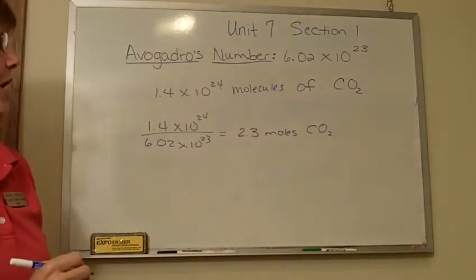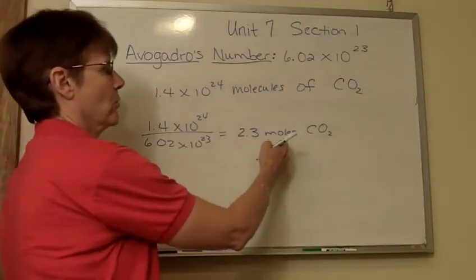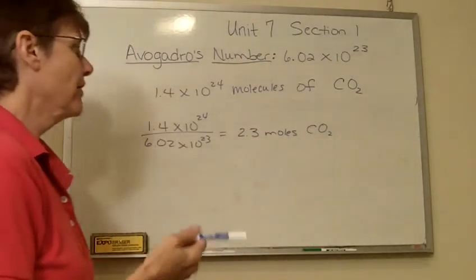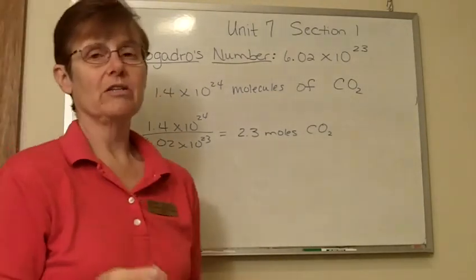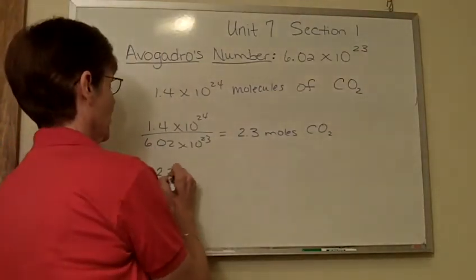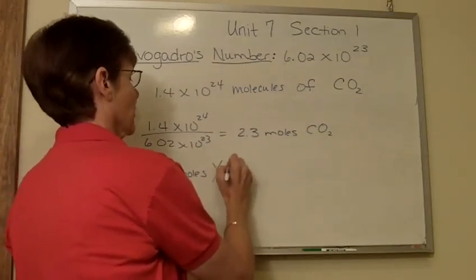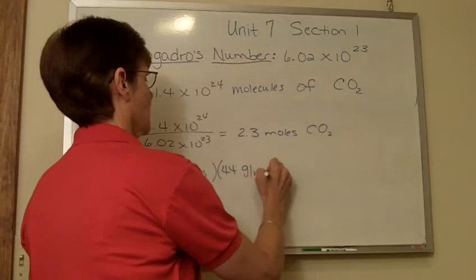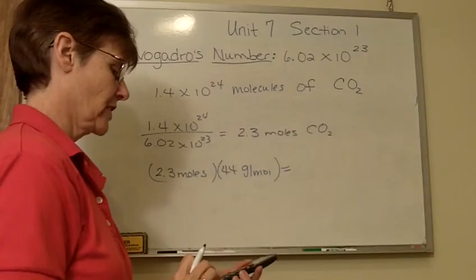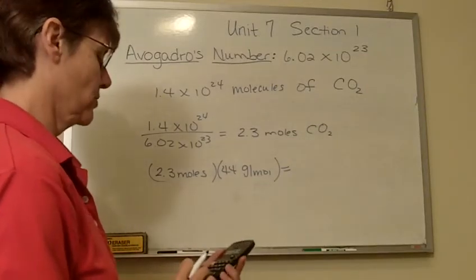All right, now if I want to know how much mass that is, how much does this weigh, I have to know how much 1 mole weighs. And we just figured that out a minute ago. It was 44, right? So every mole of carbon dioxide weighs 44 grams. I have 2.3 moles, so 2.3 moles times 44 grams per mole gives me 102, and I can only keep 2 significant figures.